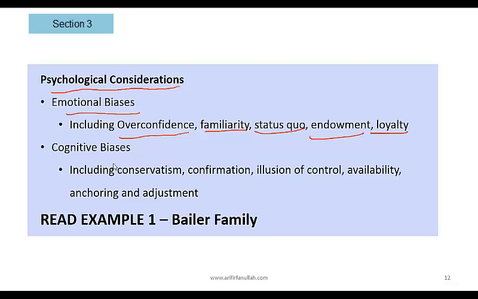Now, what about cognitive biases? We discussed that cognitive biases are driven by memory errors, analytical limitations, limited data, incorrect analysis, myopic visions on how to analyze, and can they be corrected? Yes, they can be corrected.